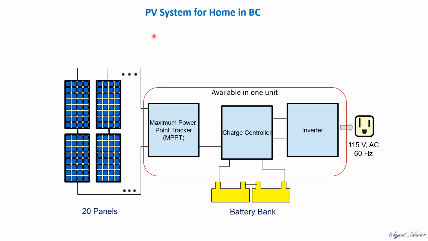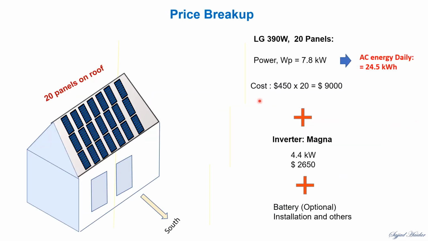So for a photovoltaic system for a home in BC, we can use 20 panels, an inverter, and also a battery bank. If we wish to buy individual items from the local market, how much may it cost? I found out that LG panels, 20 panels, will cost nearly $9,000.